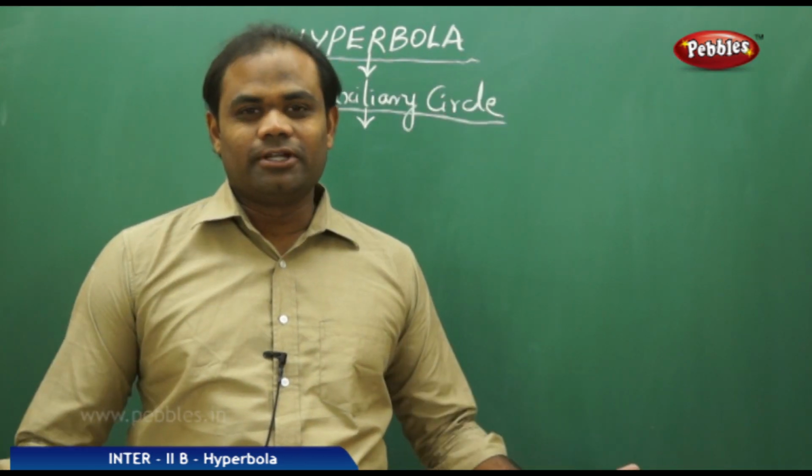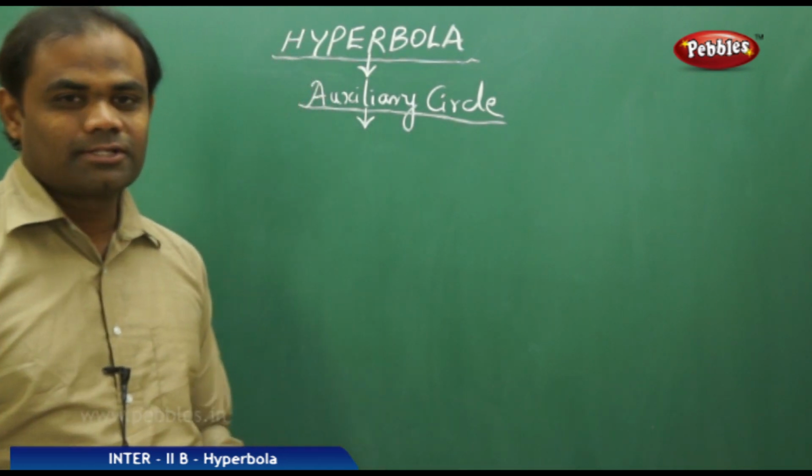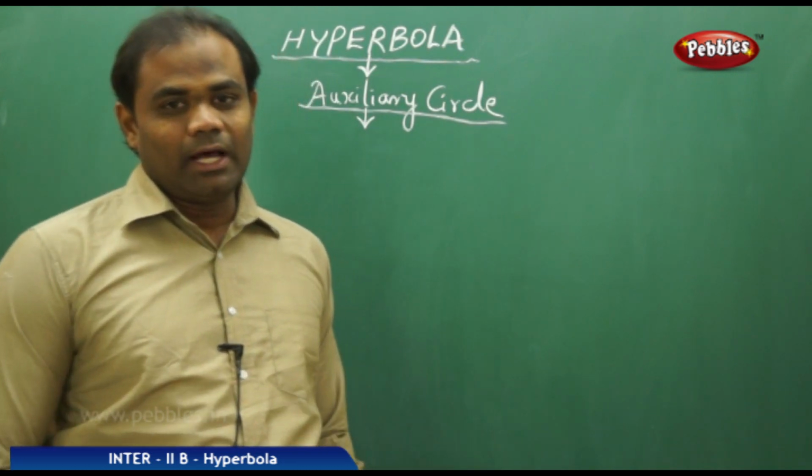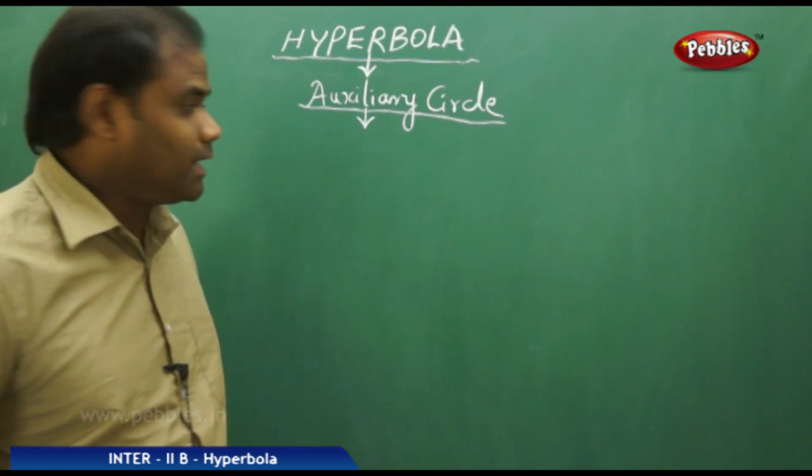Now next is the auxiliary circle. What is the auxiliary circle for a hyperbola? As we see, a hyperbola has both transverse and conjugate axes.